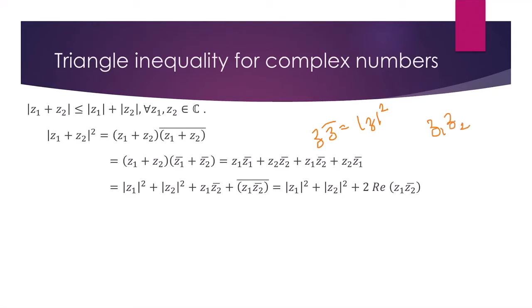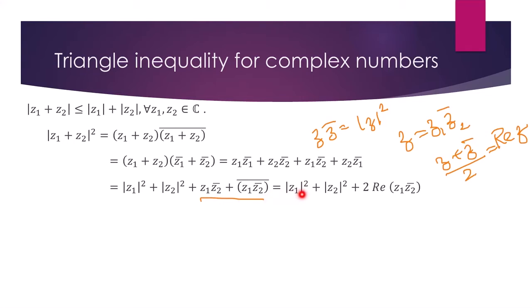If I take this z1 z2 bar as simply z, then this sum is of the form z plus z bar. We know that z plus z bar divided by 2 is equal to the real part of z. So z plus z bar is the same as 2 times the real part of z.